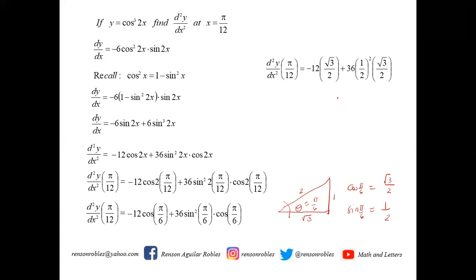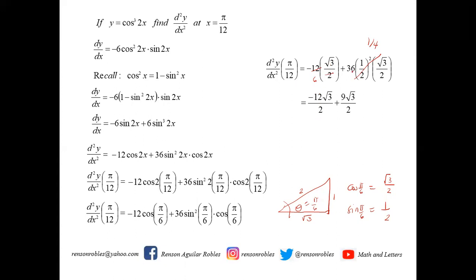negative 12 times square root of 3 over 2 plus 36 times 1/2 squared times square root of 3 over 2. Simplifying, you know that this 1/2 squared is equal to 1/4, okay? And then you know that 12 over 2 is equal to 6. So we shall have negative 12 square root of 3 over 2.